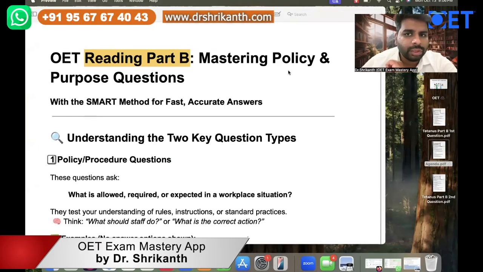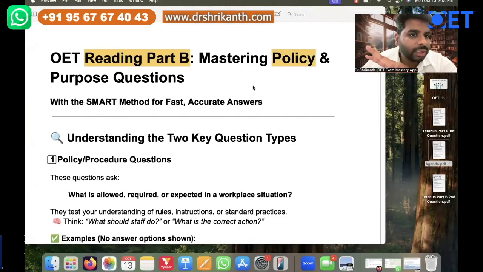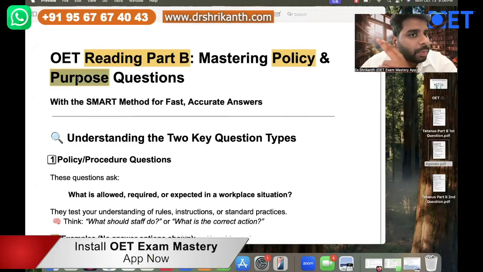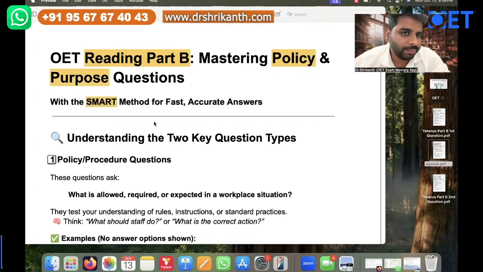The first type is what we call a policy type question, right? Policies and procedure type questions. And the second question type is what we call purpose-based questions, right? And you may want to have your notebook with you because I'm going to give you a very interesting method, which I call the SMART method, right?